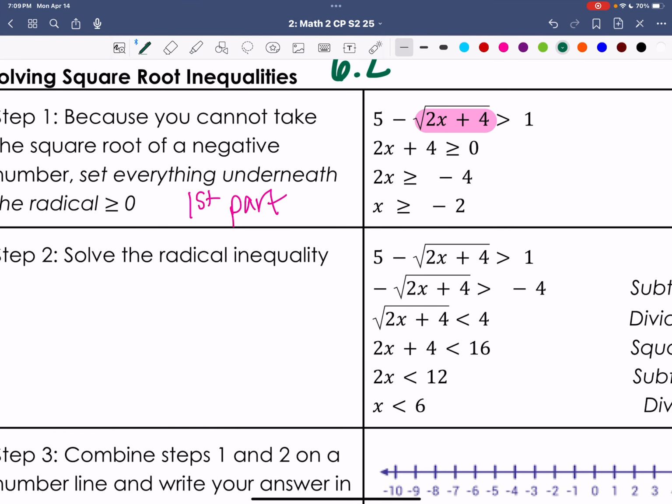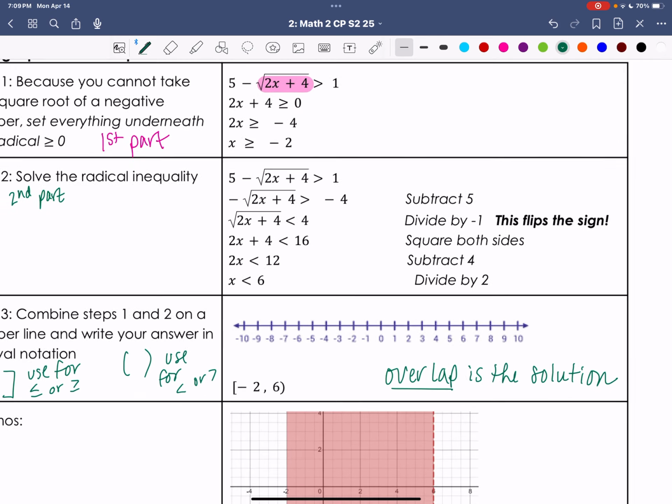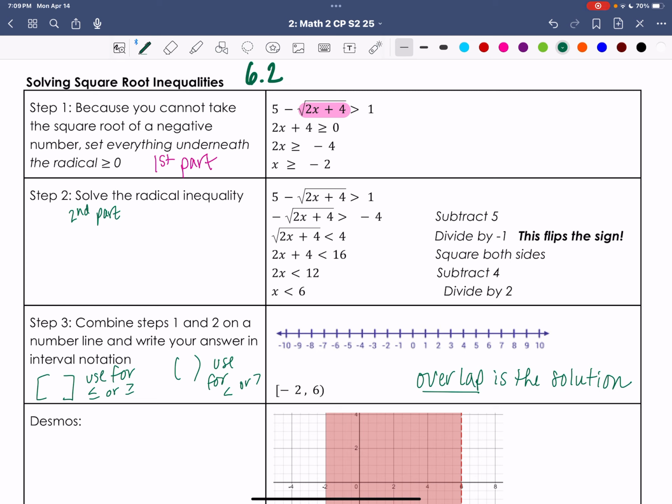Then the second part, or step 2, is now you're just going to solve everything. So now you're going to subtract 5 from both sides. And then don't forget to divide by a negative. When you divide by a negative 1, you need to flip the sign.